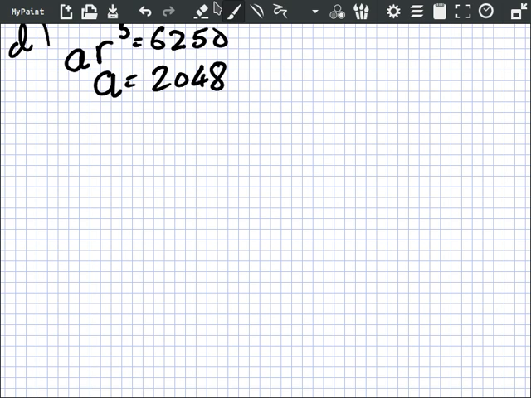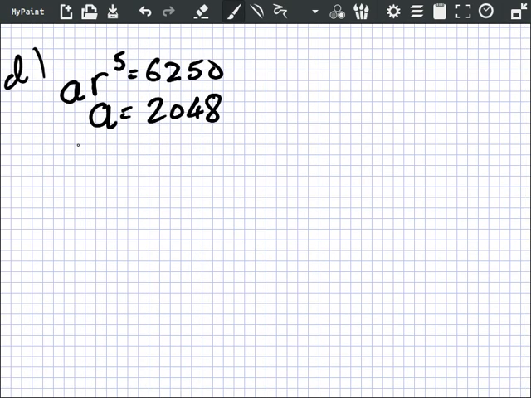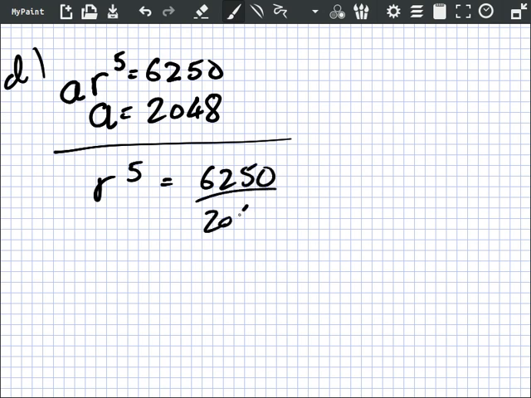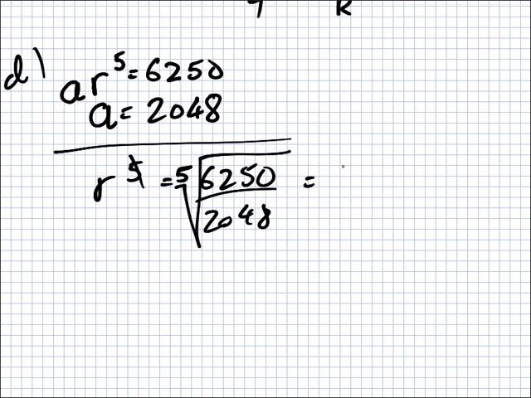And we want the R. Yeah, so if I divide these, I get R5 equals 6250 over 2048. So that would be the fifth root. It's 5 over 4. They probably want the A next, is it? No, we have the A.